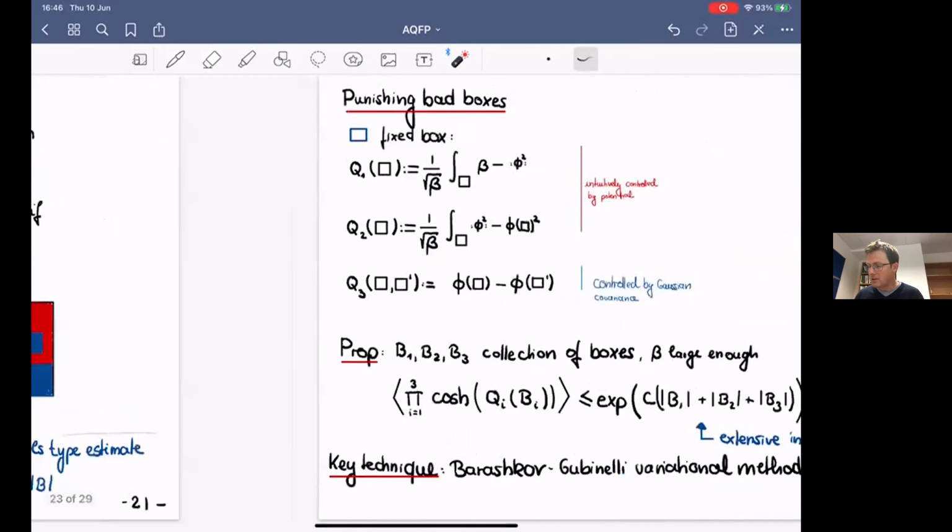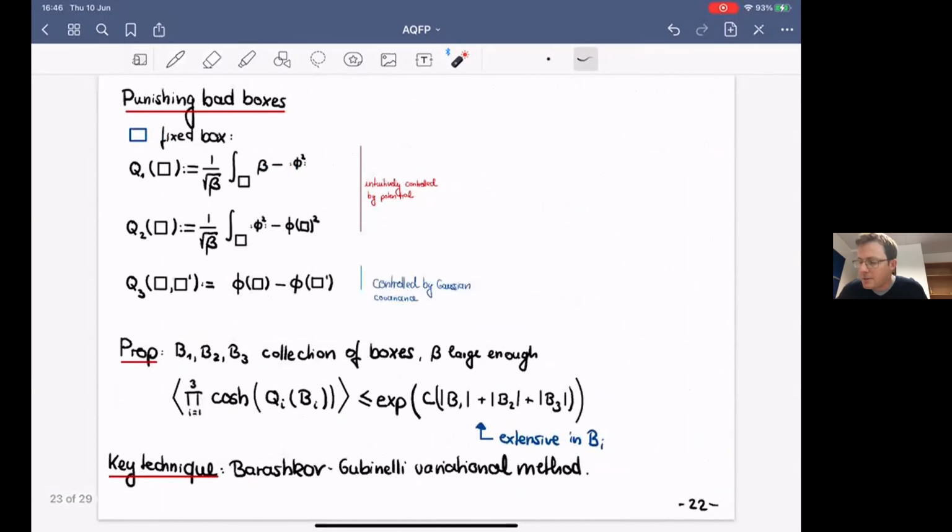Let me perhaps also give you a little bit of an idea how one can do this. What I present on this slide is still very strongly inspired by Glimm, Jaffe, and Spencer's classical analysis. You introduce these functionals that punish the field if it doesn't behave the way it should.